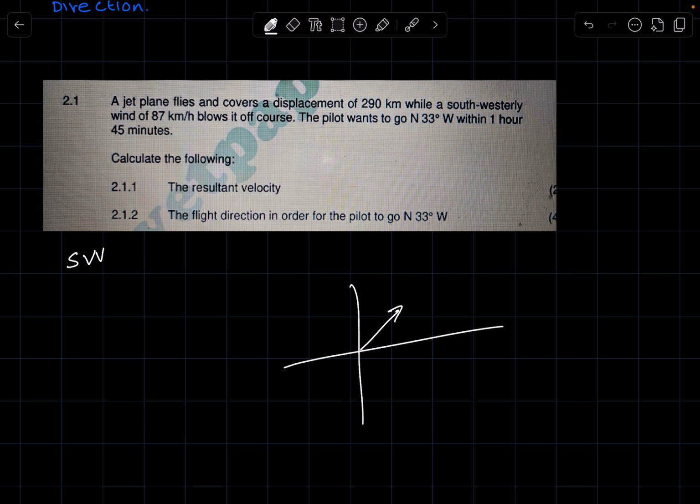Now southwest is at the center of this quadrant, meaning that southwest is 45 degrees from either of the axes.